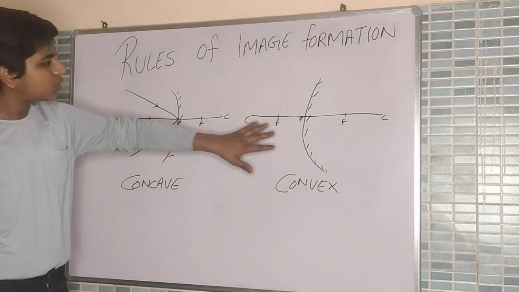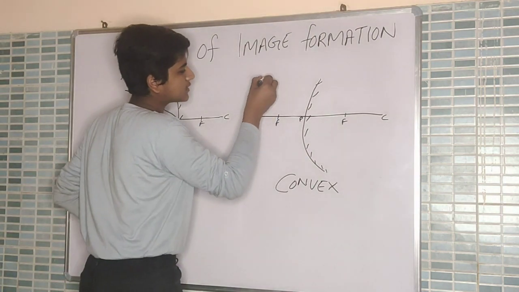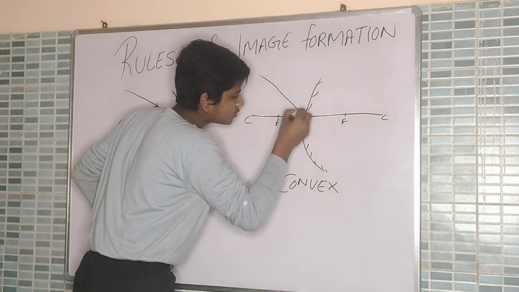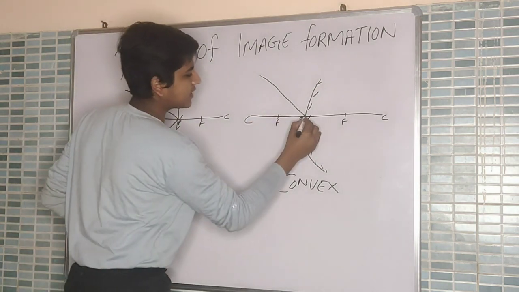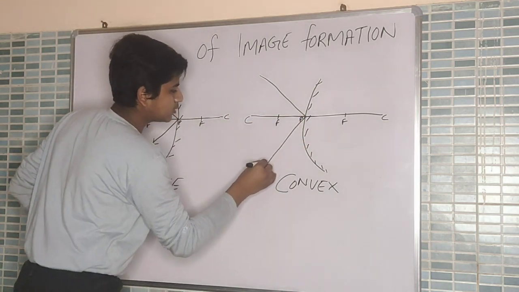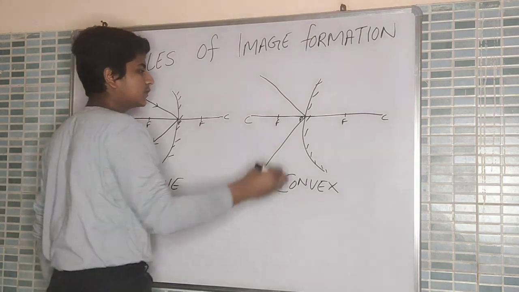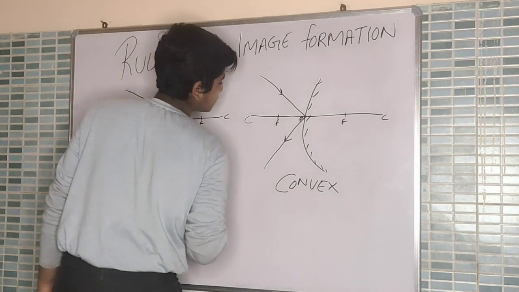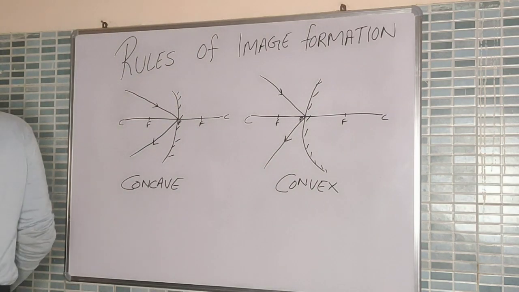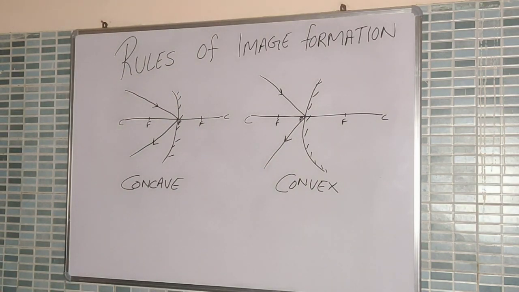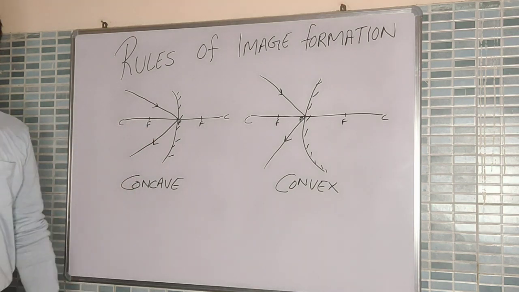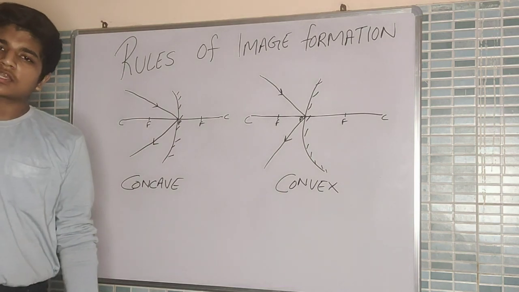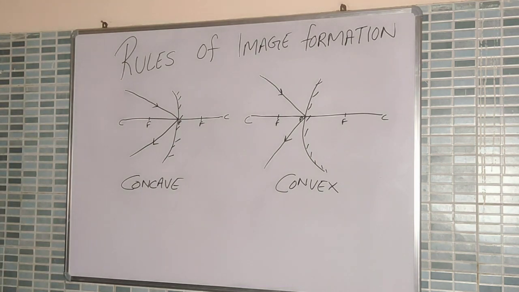Whenever a ray of light is passed through the pole, it reflects back by making an angle of incidence and angle of reflection that are equal to each other. So this was the first rule of image formation, that any ray of light passed through the pole will reflect back by making an angle of reflection equal to the angle of incidence.